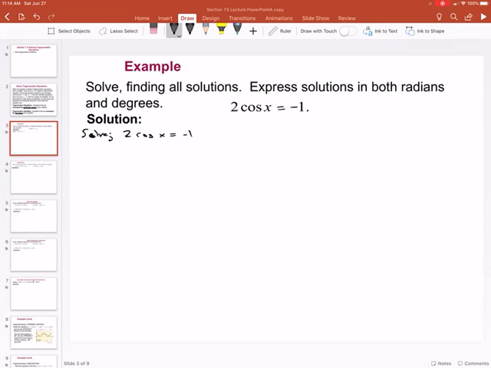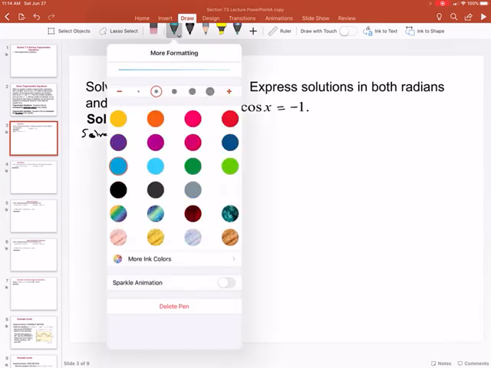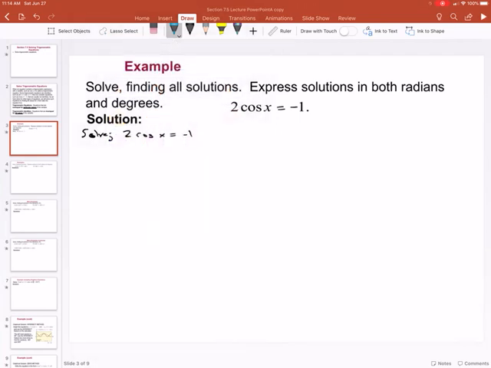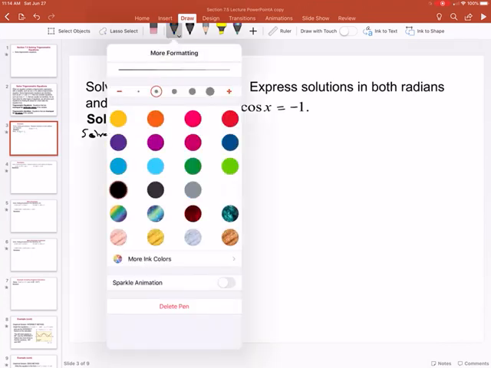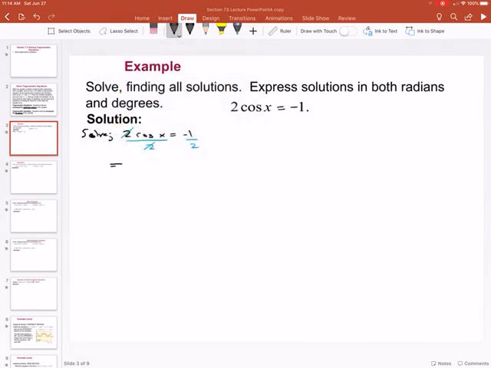I want to solve for x. I want to get that cosine x term by itself. So my first step would be to get rid of the coefficient. Let's go ahead and divide out the 2 on both sides. And as we do that, it simplifies down to the cosine of x equaling -1/2.